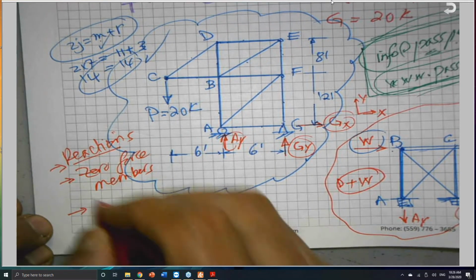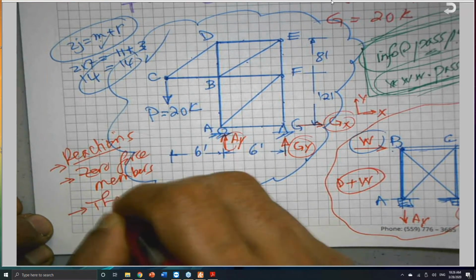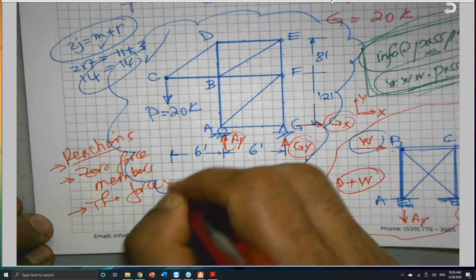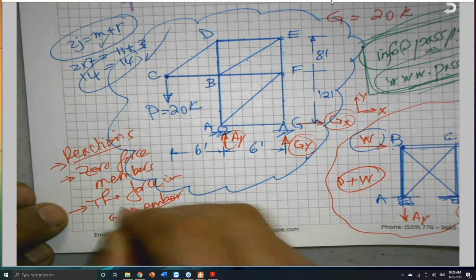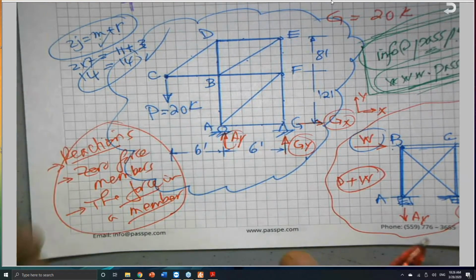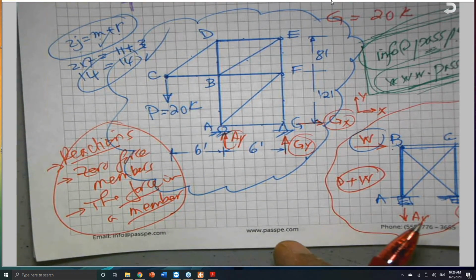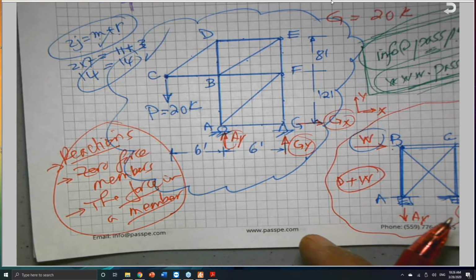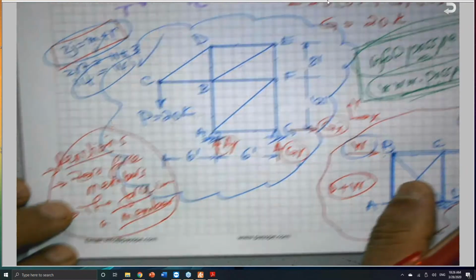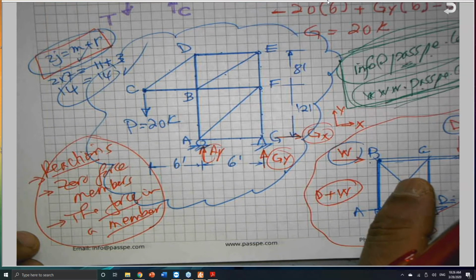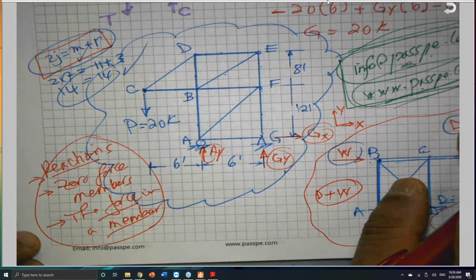Or they might ask you for the force in a specific member. Those are the most common questions they might ask you about trusses, to check the stability, to check this equation, maybe, but I don't expect that, if it is statically determinate or statically indeterminate. Zero force members.